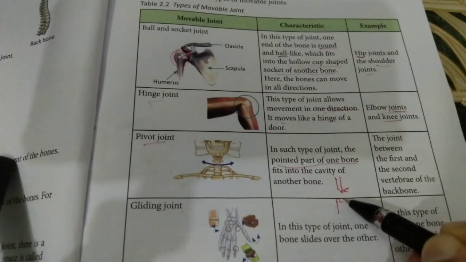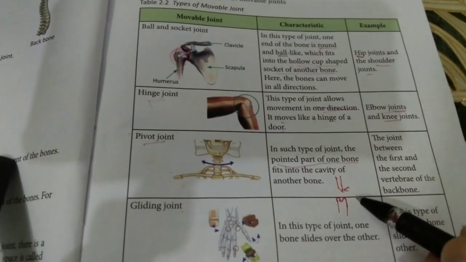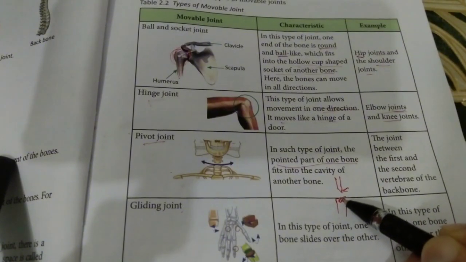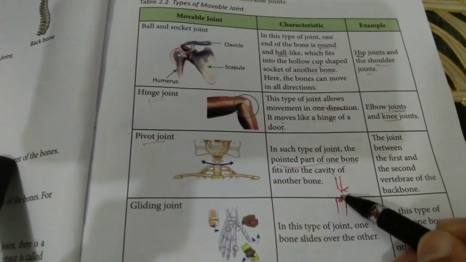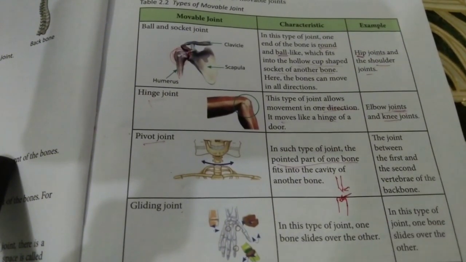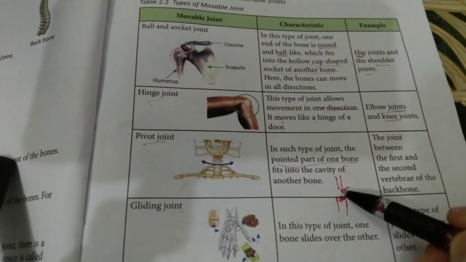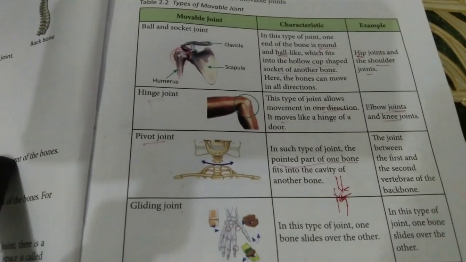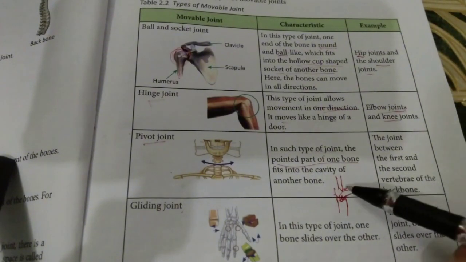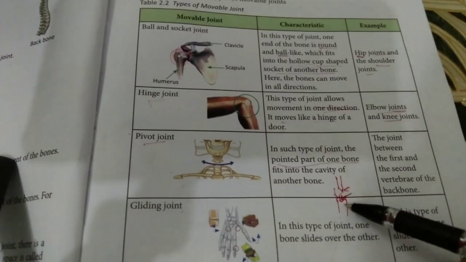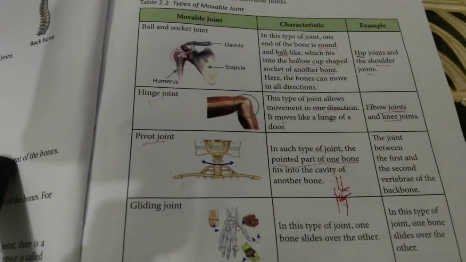The cavity is deep, cup shaped, and the pointed end of one bone enters into the cavity of another bone.